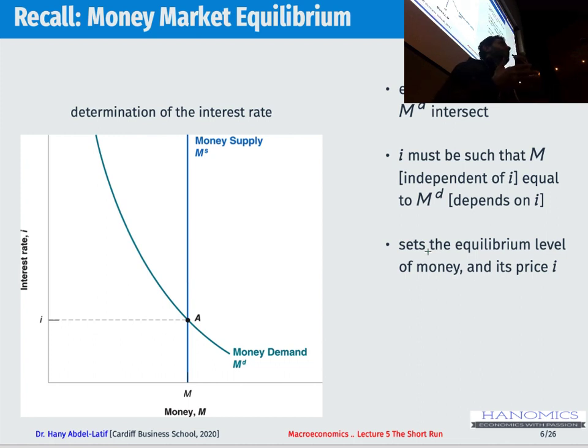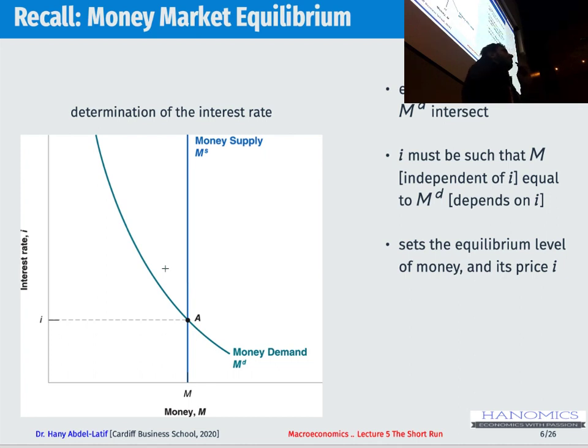We took money supply as exogenous, or as given. That's why you see the money supply curve here as a vertical line on this graph. This is money supply, nothing new, this is what we said last time. And a downward sloping curve for the demand for money.